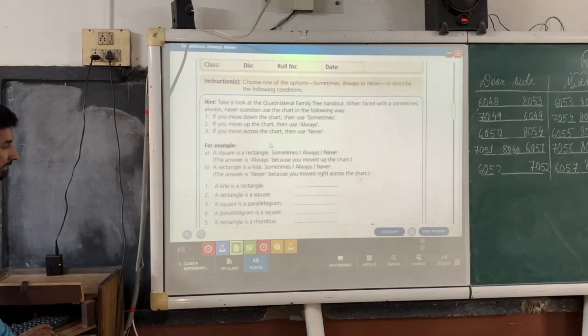In the family tree, if I move down the chart, then we will use sometimes for the relation between different types of quadrilaterals. And if I move up the chart, then I will use the word always. And if I move across the chart, then we will use never.